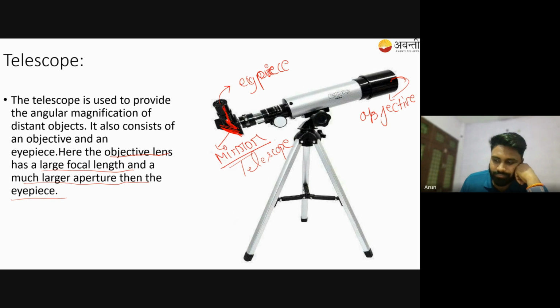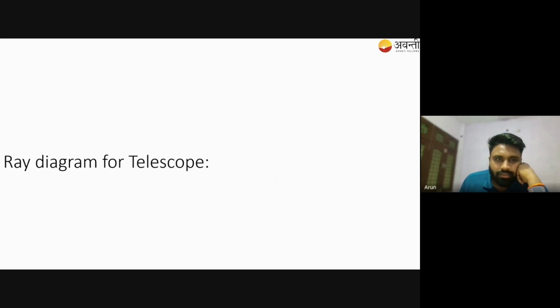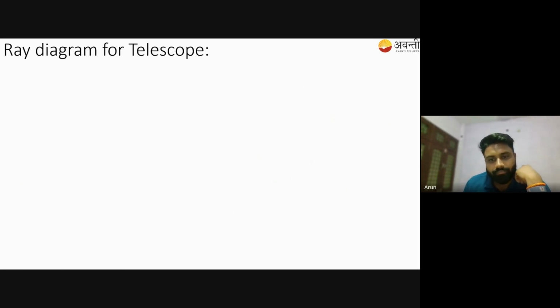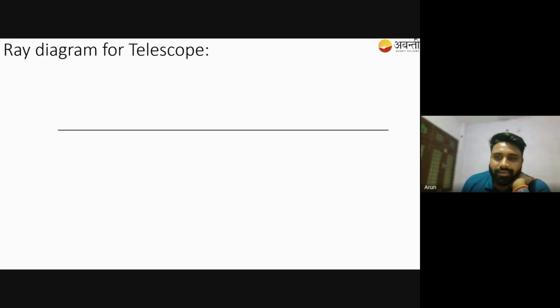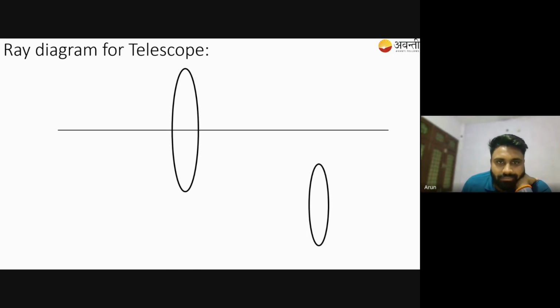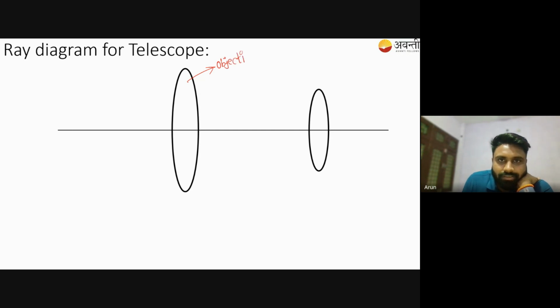Now, if I talk about the ray diagram for a telescope, again we have taken a principal axis. The bigger lens is what? Objective lens. And it is also nearer to the object. So it is the objective lens.